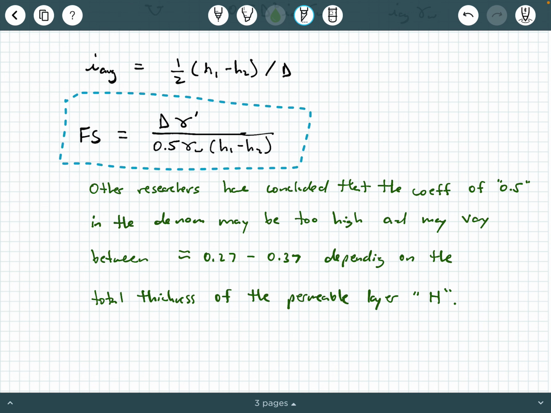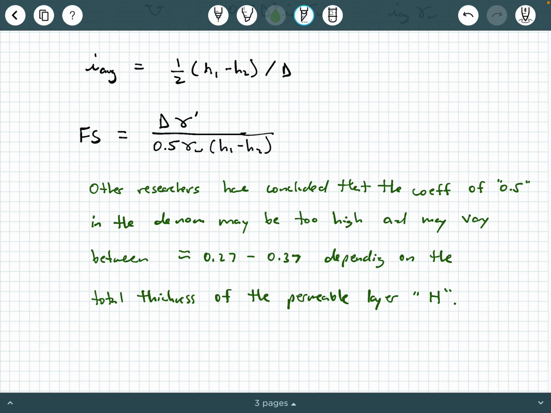But depending on your particular source that you're citing, or depending on the specific field situation, it might be worth looking into the further development of this after Terzaghi's time and see if this coefficient of 0.5 is really the most appropriate thing to be used in a field situation, or based on what a problem may ask you by a professor, and you might conclude that you need to extract a different coefficient here instead of 0.5. You might find that it should be a little bit lower than that depending on the total thickness of the permeable layer.